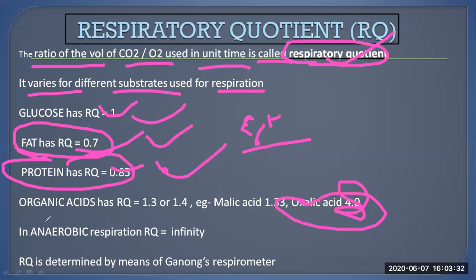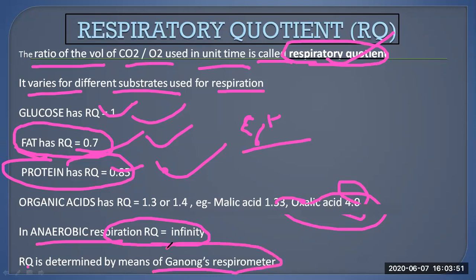Okay, and in anaerobic respiration the respiratory quotient is infinite, because they are not getting proper oxygen; if the oxygen value is 0, this value will go up to infinity. And it can be measured with the help of Ganong's respirometer.